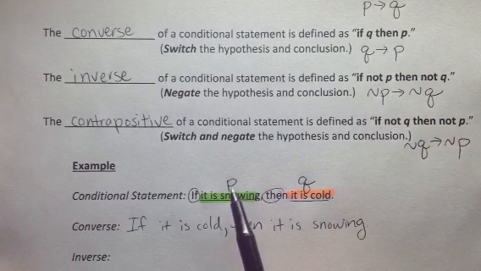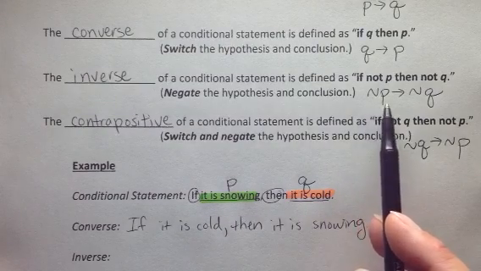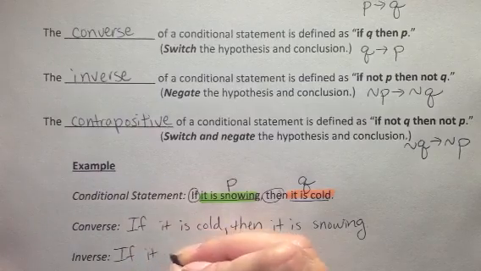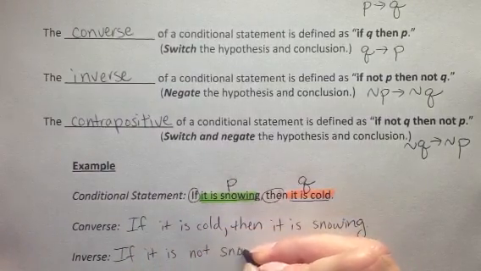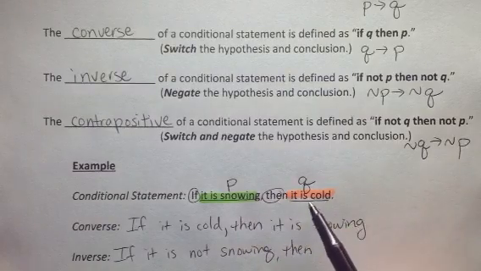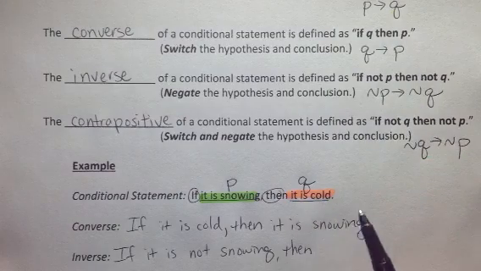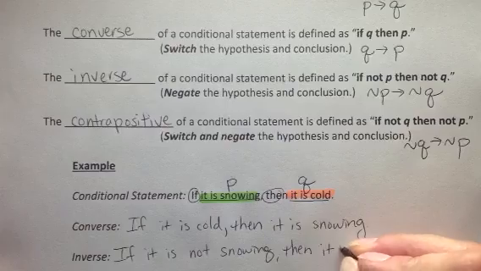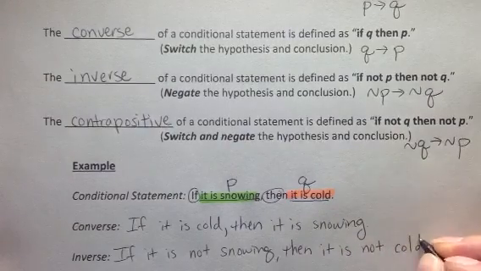If my P is it is snowing, my not P becomes if it is not snowing. Then Q, the Q was the second part, so it is cold. So then not Q, so then it is not cold.